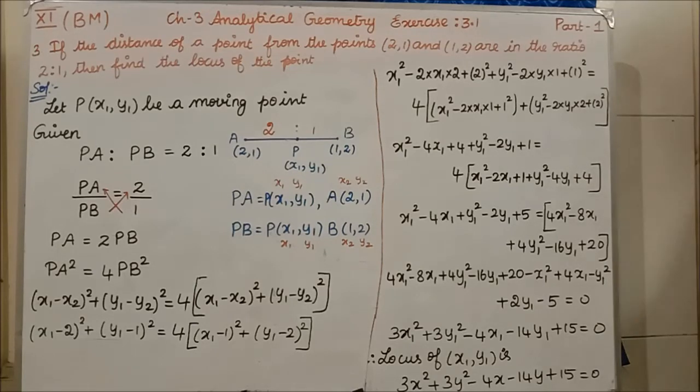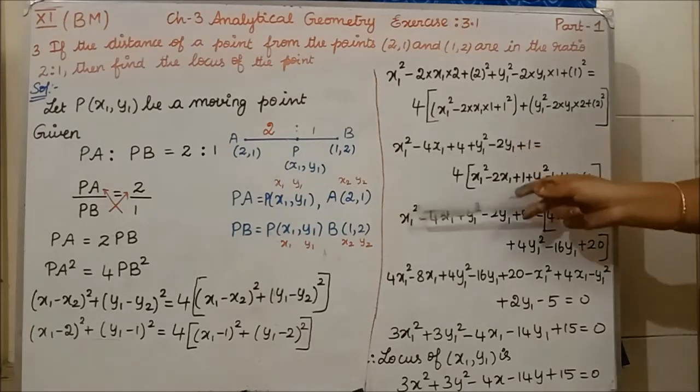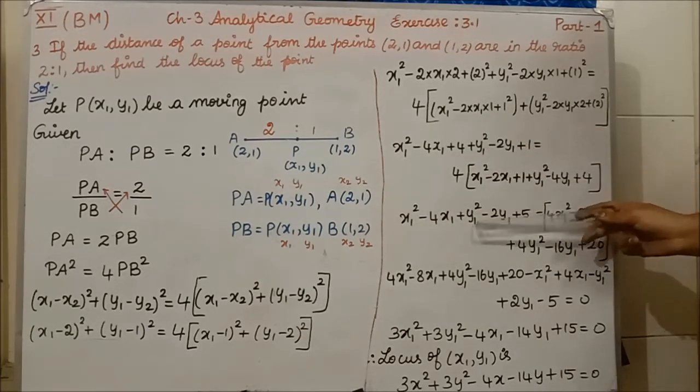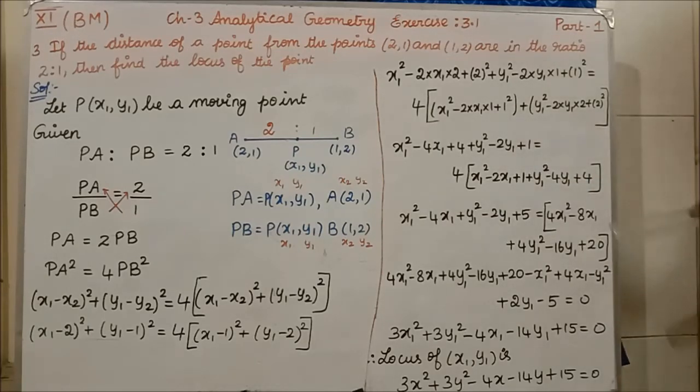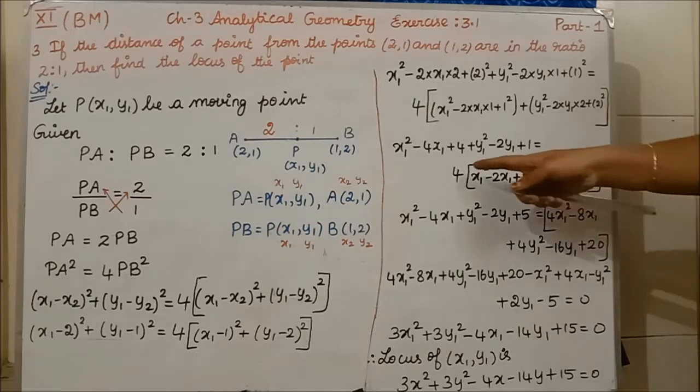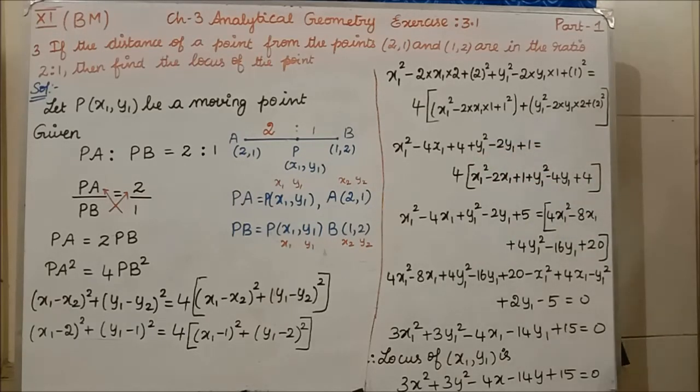On the left side, x1 square minus 4x1 plus y1 square minus 2y1, and 4 plus 1 is 5. Clear? The next step is taking the 4 inside. 4 into x1 square is 4x1 square. 4 twos are 8x1. 4 into y1 square is 4y1 square. 4 into minus 4y1 is minus 16y1.